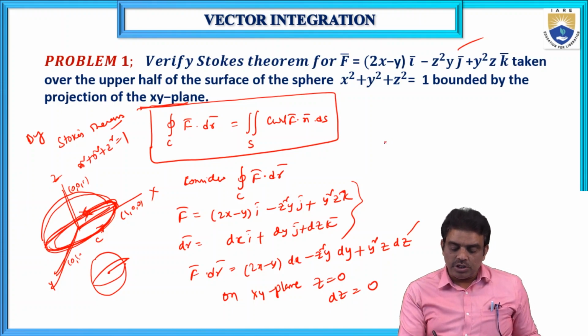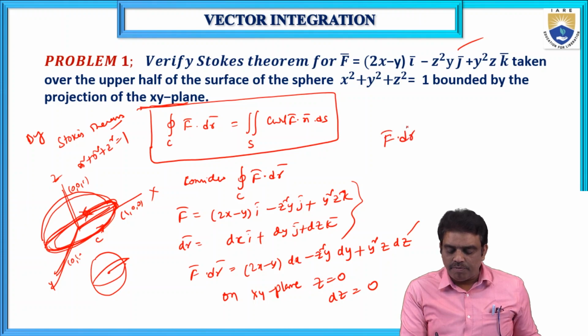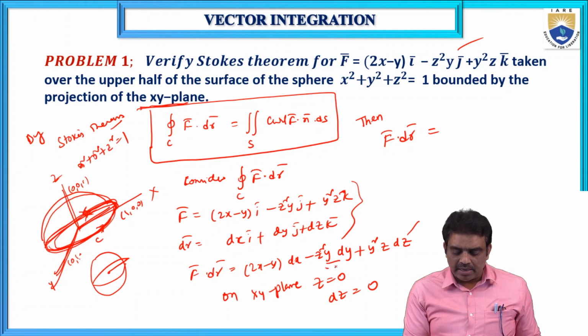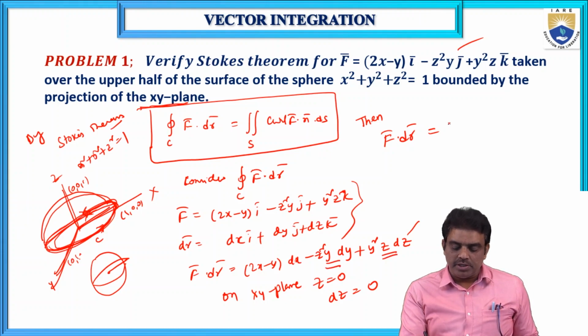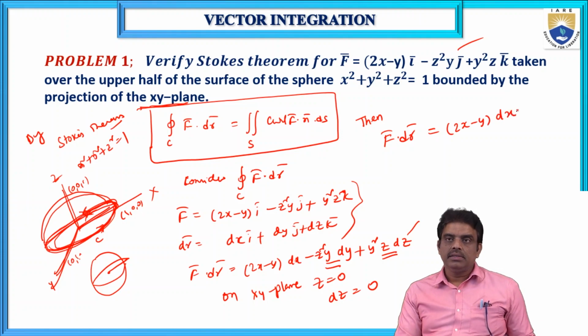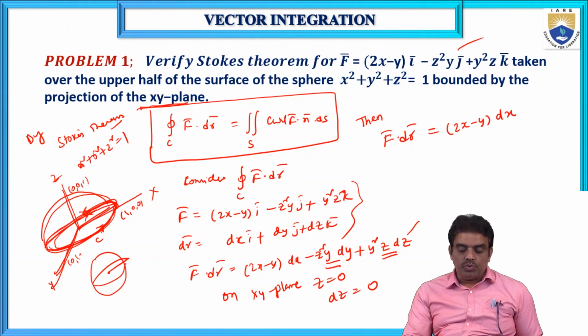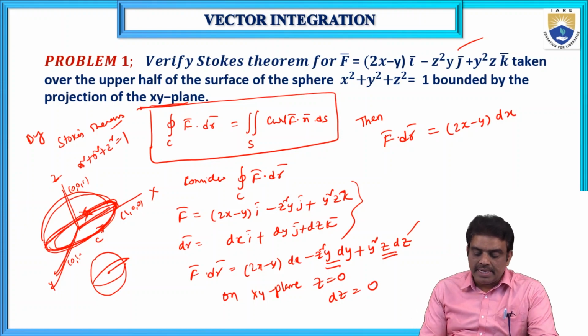So you get only (2x minus y) dx. f bar dot dr bar is (2x minus y) dx.